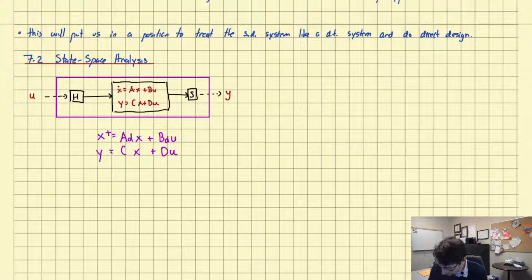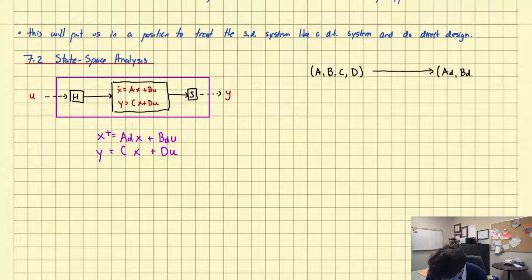And so, again, drawing a big picture idea. We're going to go from a continuous time system to a discrete time system. And this calculation is what we're going to learn in this section.